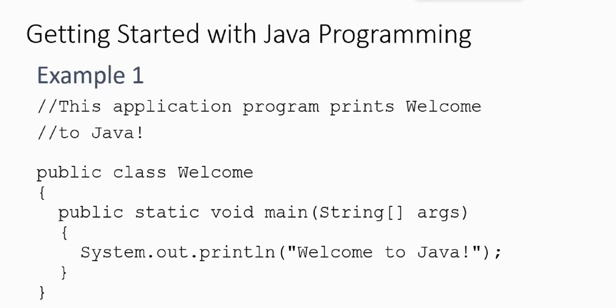Next, we discussed the Java program. It will always start with one class, and that class we call a public class, because that class has to contain a main method, and the main method has to be accessed publicly.